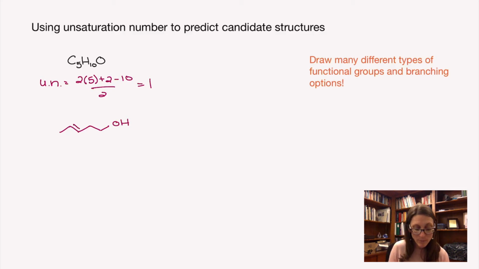And you could put that double bond in a couple of different places. We don't have information just from our molecular formula about where it needs to go. But I want you not just to limit yourself to a single functional group or just to straight chain molecules. You could take this same idea and you can change where the alcohol attaches. You can have it branch as long as you still include 1 degree of unsaturation.